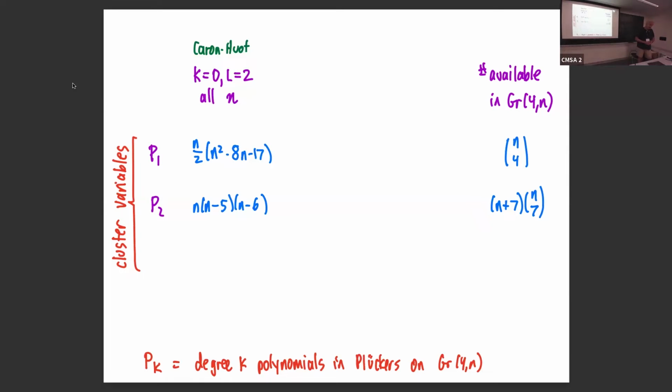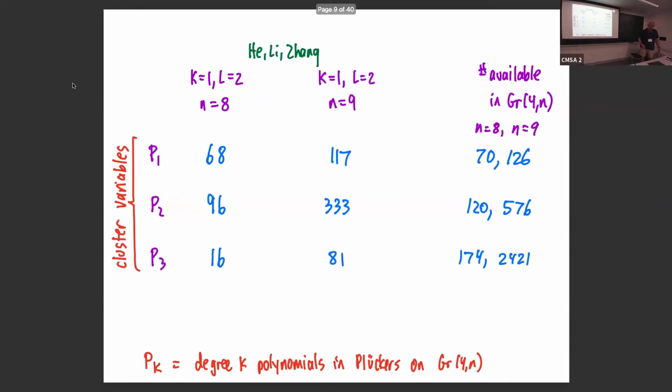Okay, so it's already kind of interesting to ask, is there anything particularly interesting about that subset, or is it just some kind of accident of having looked at a sufficiently simple amplitude that has an accidentally simple structure? So to get some insight into that, let's start looking at more complicated calculations. He, Li, and Zhang have computed two-loop NMHV amplitudes for n equals 8 and 9 particles.